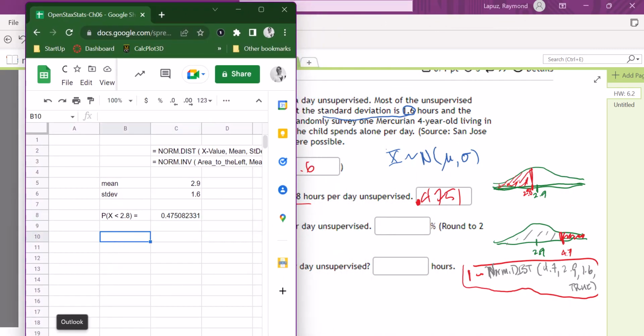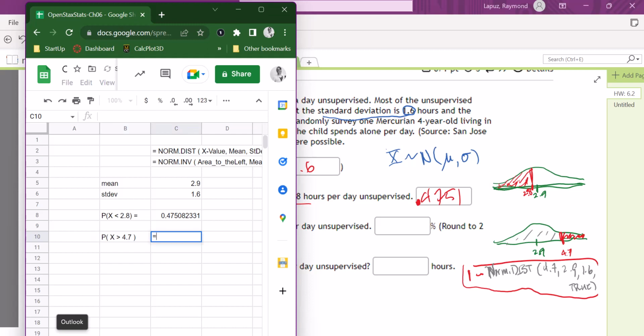So in this problem, again, we're looking for the probability that x is bigger than 4.7.